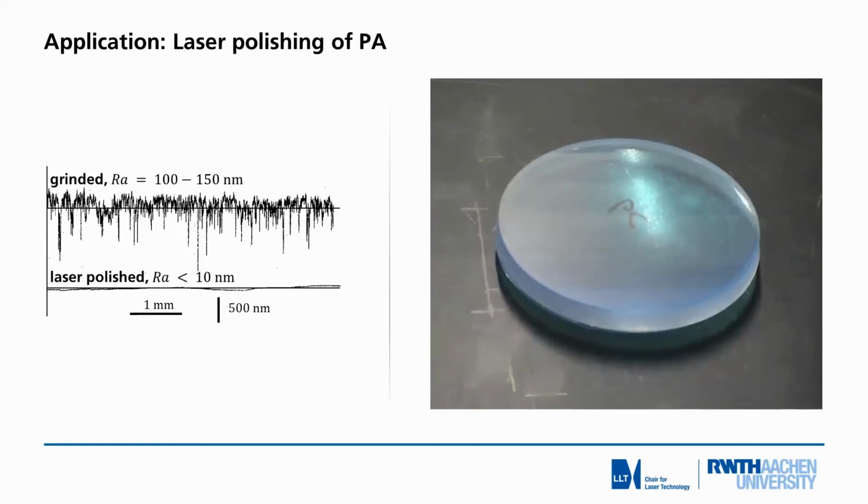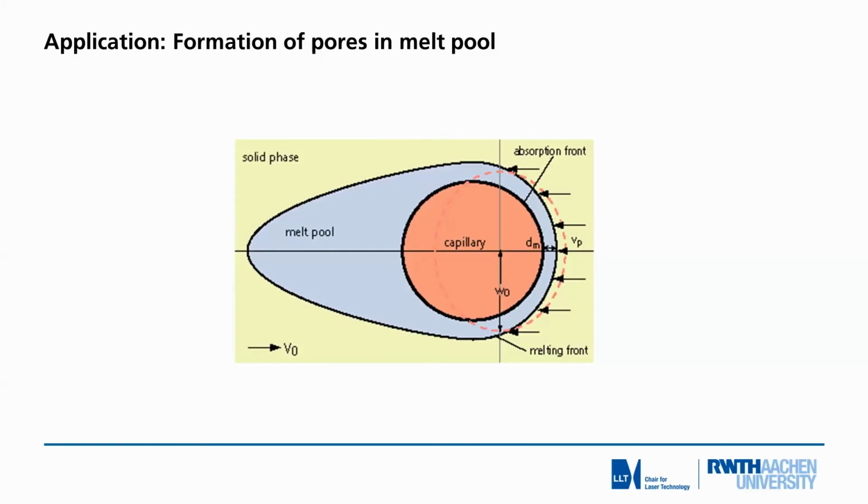Another example is the formation of pores in a melt pool. Here in this sketch you see a top view on a deep penetration weld. This deep penetration weld has in consequence a melt pool, here the blue part.